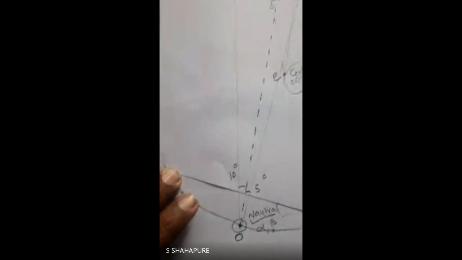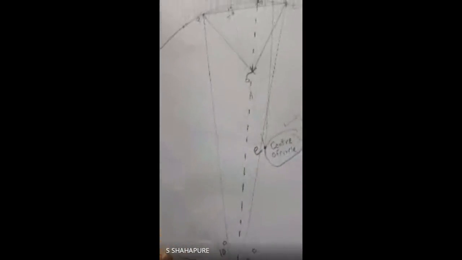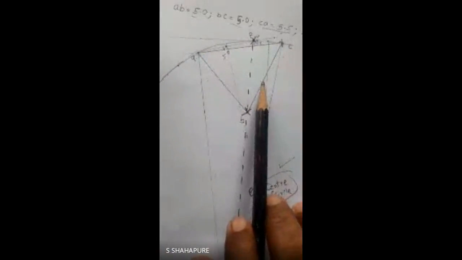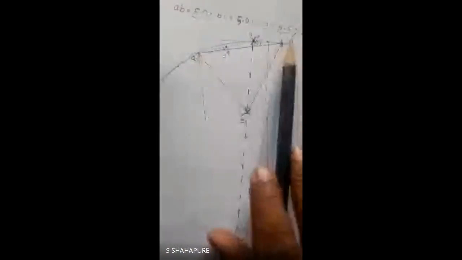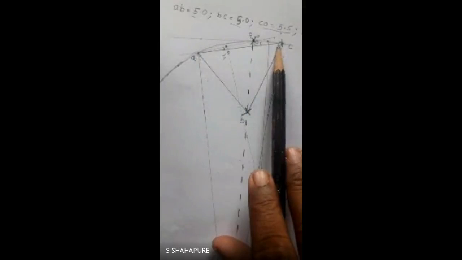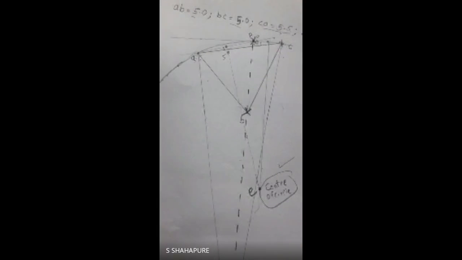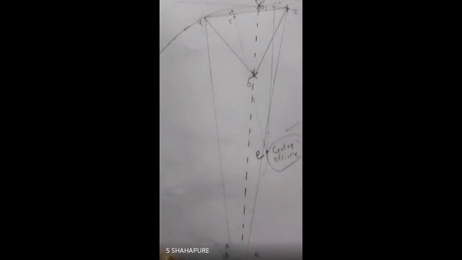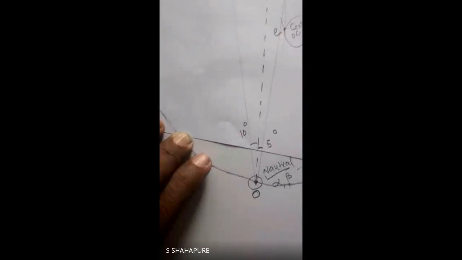So the purpose of this is that the positions of these 3 points, A, B, C, are known, and with reference to these 3 points, you have to fix the position of O. That is from where these two angles are observed.